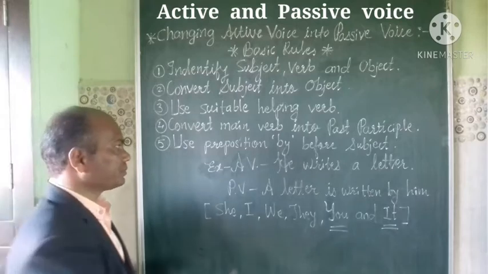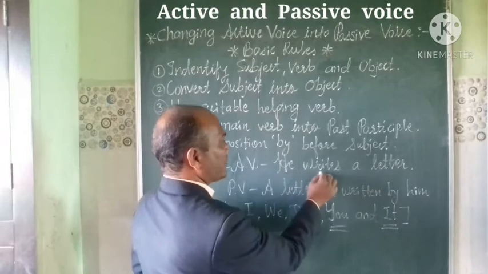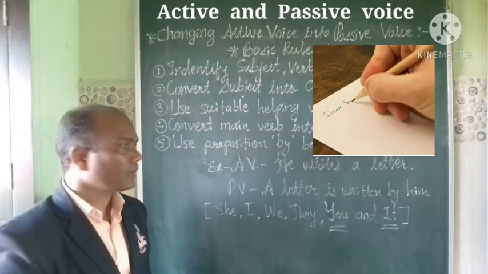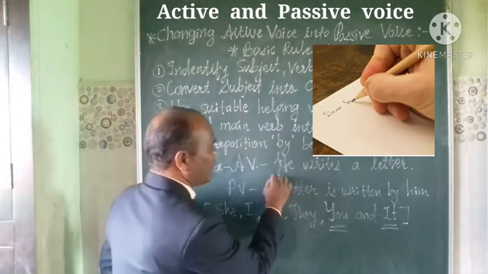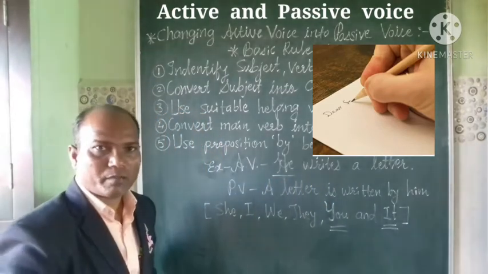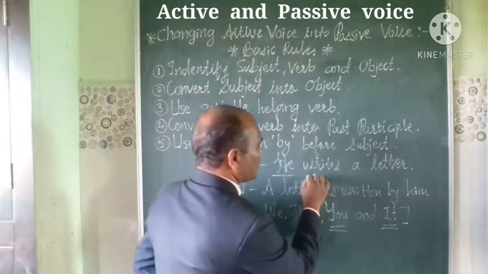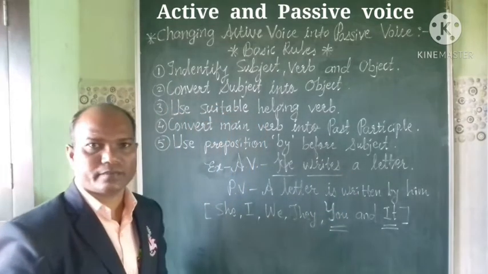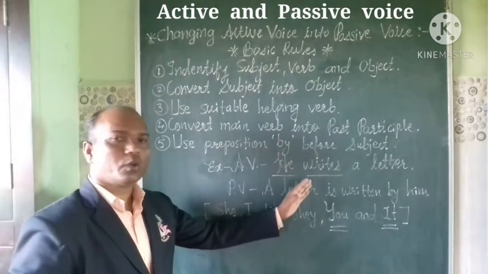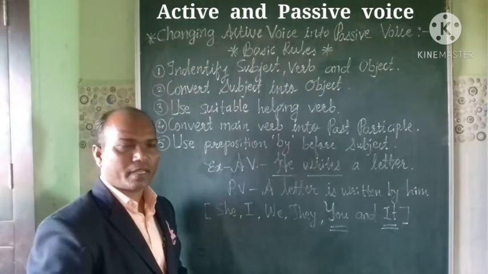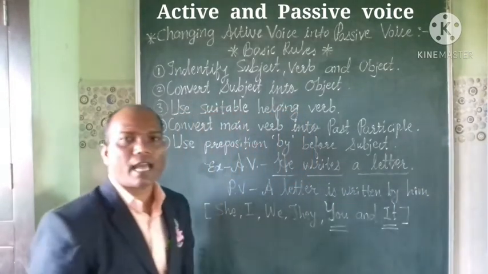For example, active voice sentence: He writes a letter. In this sentence, which is the subject? He. He is the subject because it is the doer of an action. Next, the verb is writes. It is a verb because it shows the action of writing. Next, a letter. This is an object.